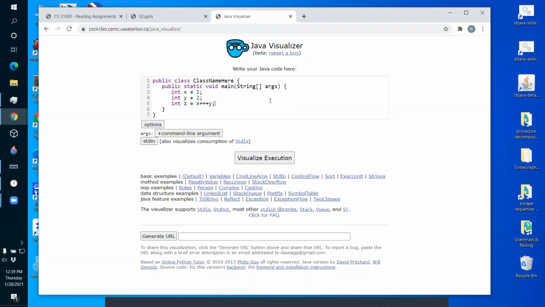Increment x by 1 and then add it to y. Okay, so you would say that means increment x by 1 like this, then add that to y. But why does it not mean add x to the increment of y?